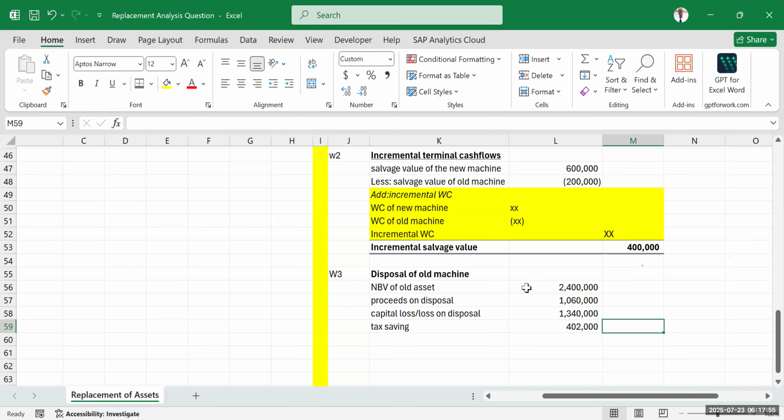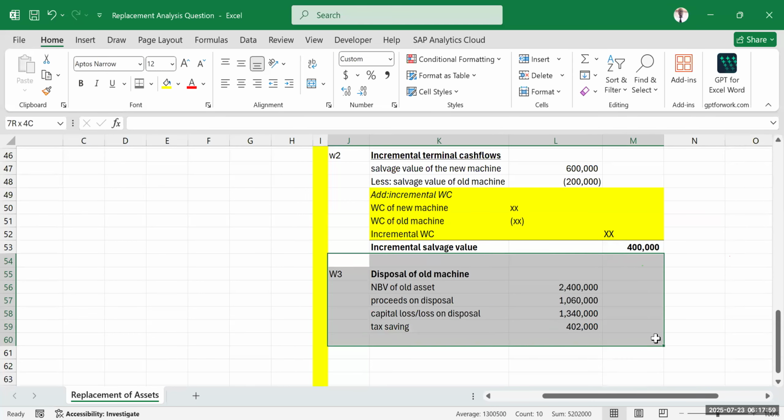Now, members, when we save this tax of 402,000, at what point are we saving this money? In other words, at what point are we disposing of the old machine? Remember, when you decide to buy the new machine and dispose of the old one, it is at the start.